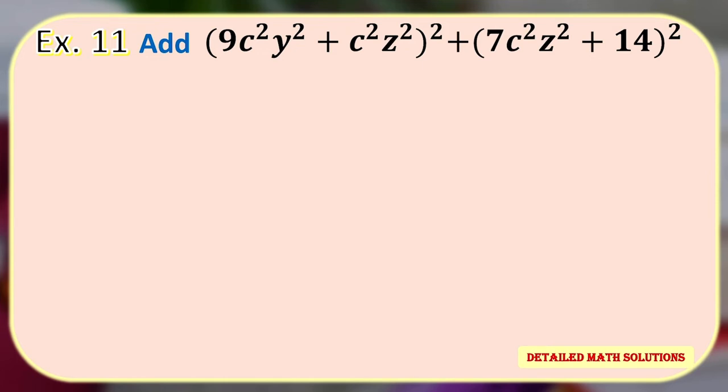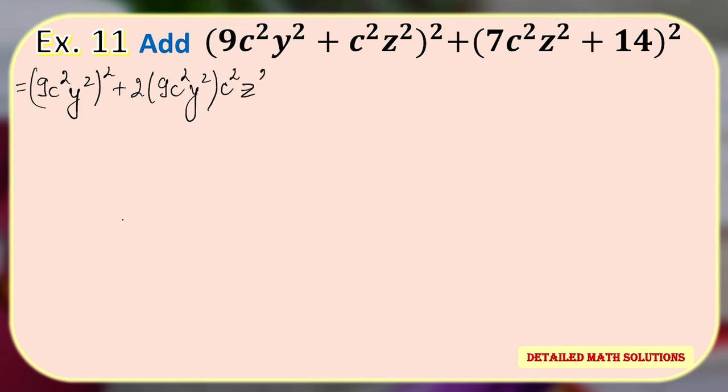First, I will apply the formula for binomial square for the first binomial. This way I get (9c squared y squared) squared plus 2 times 9c squared y squared multiplied by c squared z squared plus (c squared z squared) to the power of 2.